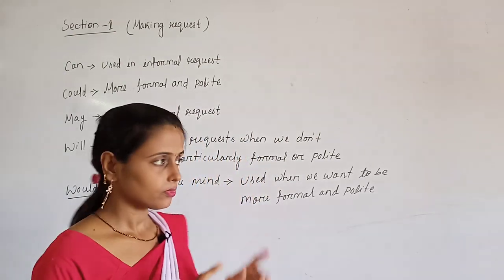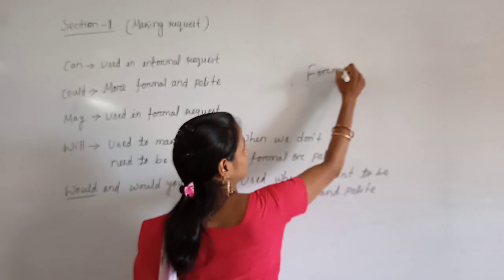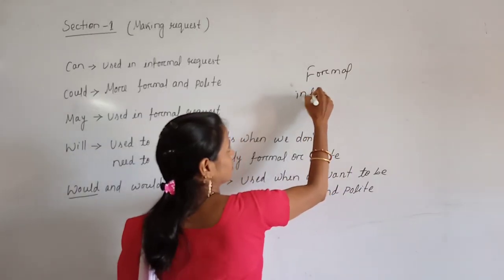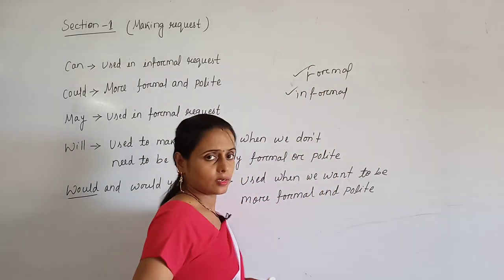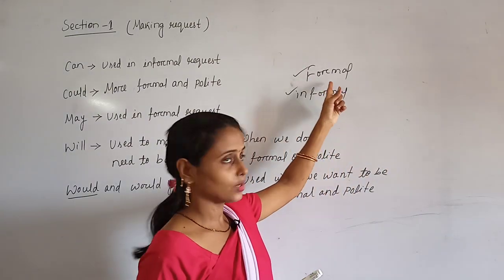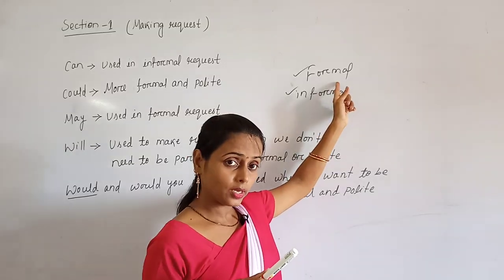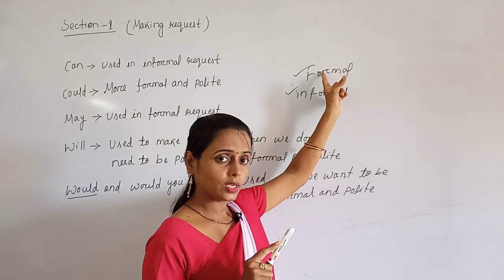Got my point? Formal request and informal request. Two types of requests are there. Whenever you are making a request to a principal, that one is formal request. Whenever you are making a request to a teacher, formal request. Unknown person, formal request.